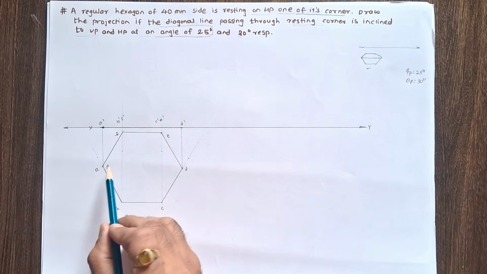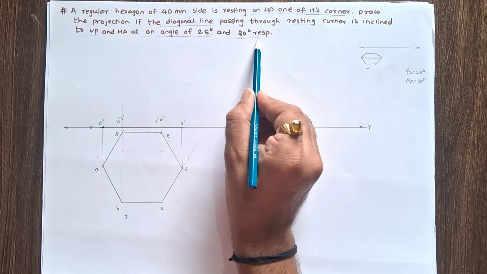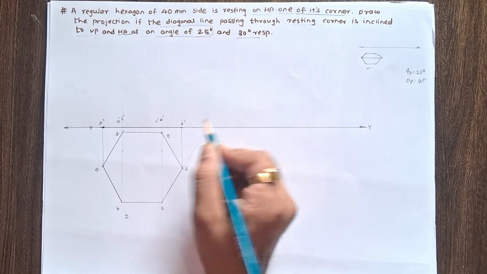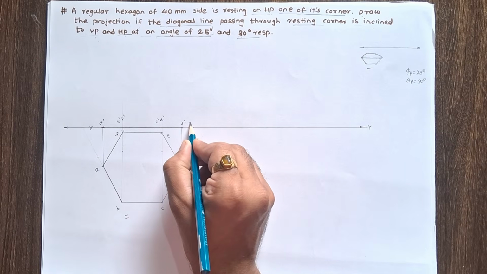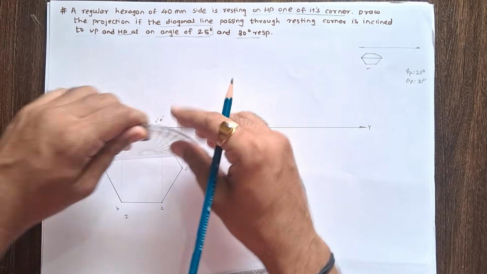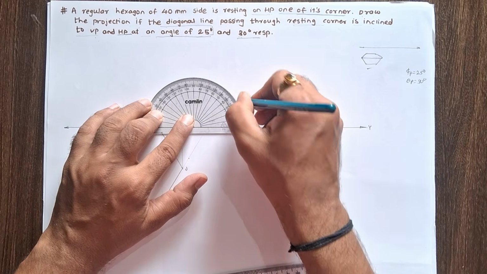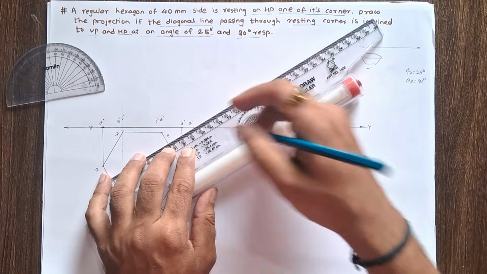Now here, this AD diagonal makes 30 degree angle with horizontal plane. So for second stage, mark a random point near the stage 1 and give the naming, this is A dash. And from A dash, mark 30 degree angle line. This is 30 degree. Draw a thin angle line.